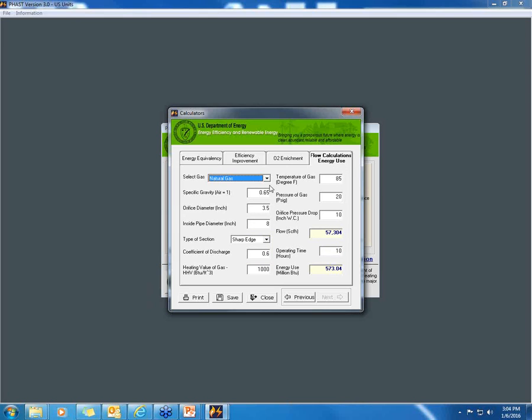If you are using orifice meters in your plant and you have data regarding the orifice meter, you are collecting pressure before and after the orifice meter, and you know what kind of gas you are dealing with, then you can use this calculator to figure out energy flow and flow in standard cubic feet per hour for whatever gas you are dealing with.